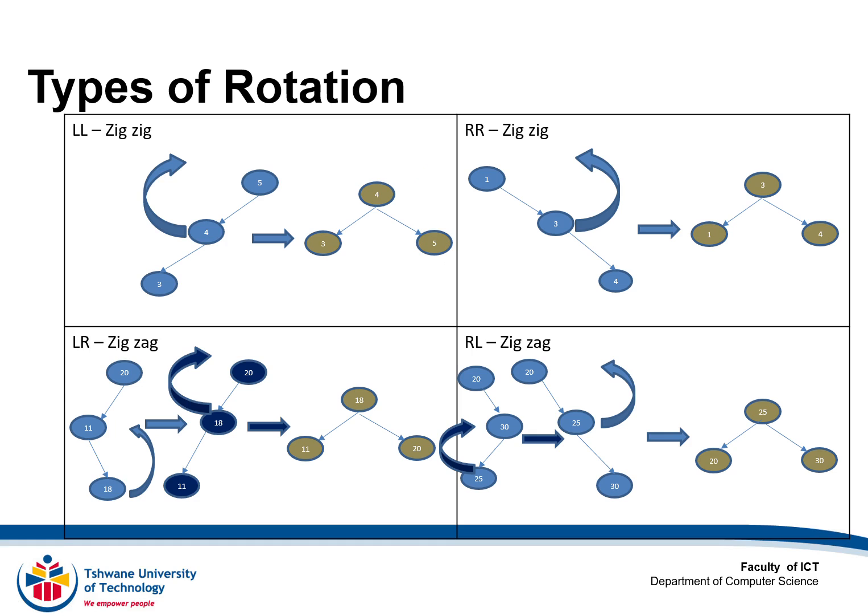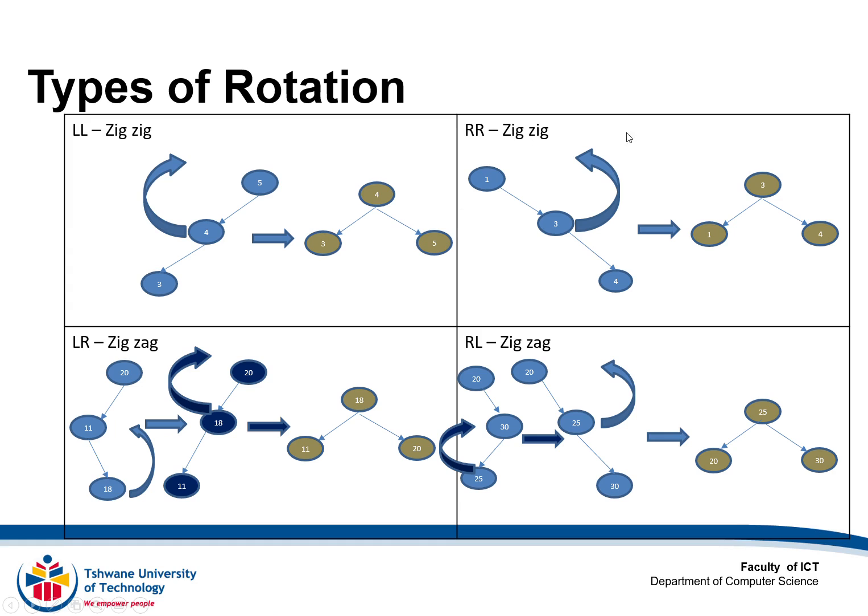With the right-right rotation, which is also a single rotation, you have a right skewed tree. And again, you rotate, but this time to the left, the middle element with the top element or node.